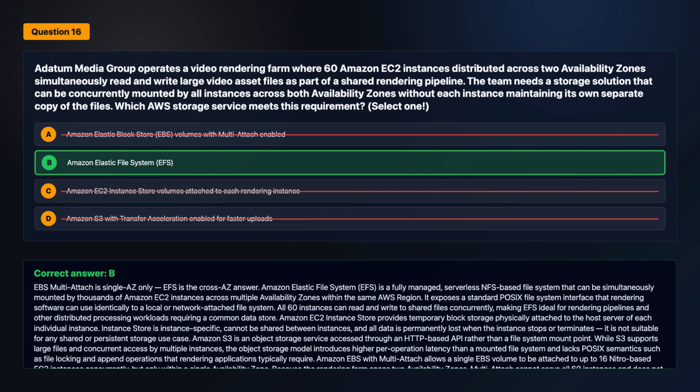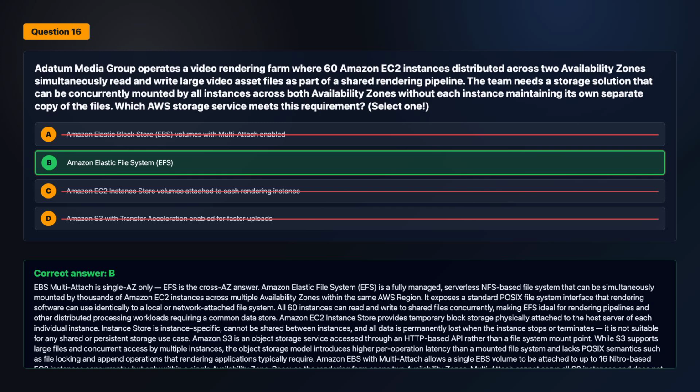Amazon S3 is an object storage service accessed through an HTTP-based API rather than a file system mount point. While S3 supports large files and concurrent access by multiple instances, the object storage model introduces higher per-operation latency than a mounted file system and lacks POSIX semantics, such as file locking and append operations that rendering applications typically require.